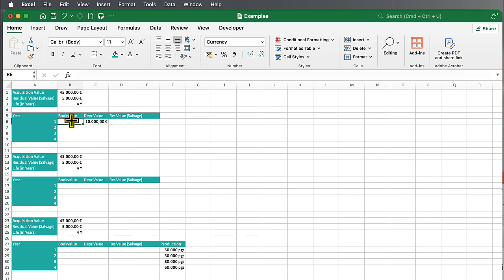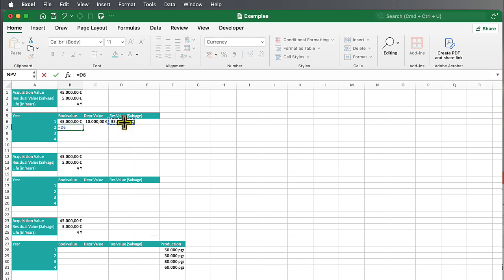And now we can say at the beginning of the first year, the value has been our acquisition value. And if the depreciation is taken into account, at the end of the year, you have a residual value or salvage of this minus that. And always the residual value at the end of the year is the book value at the beginning of the next year.